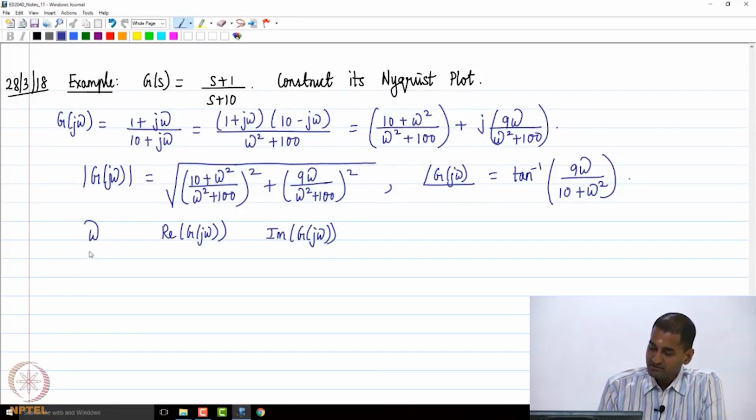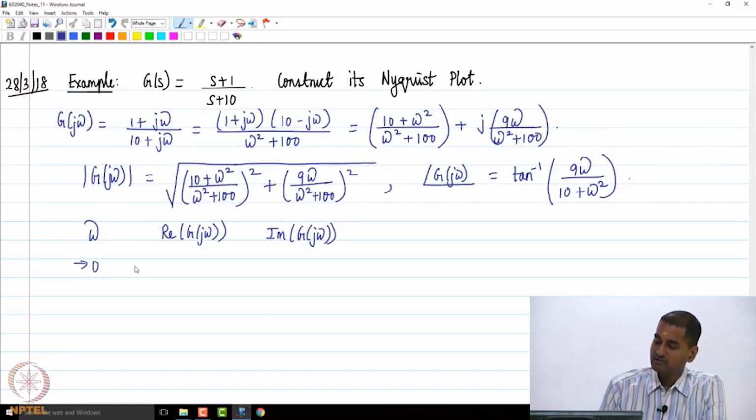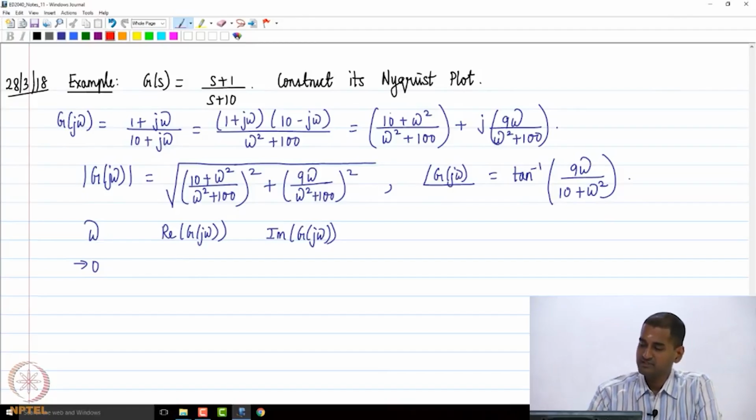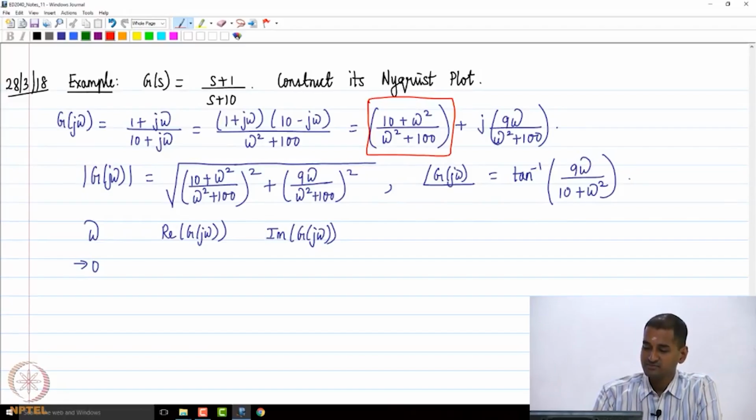Now, if I have omega tending to 0, what will happen? What do you think will be the real part and the imaginary part? Please note, the real part is this. What will happen to the real part as omega tends to 0? 0.1, right? So as omega tends to 0, the real part is going to be 0.1. What about the imaginary part? It is going to be 0.